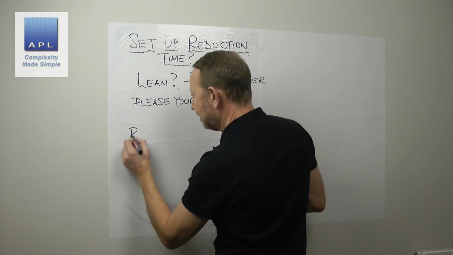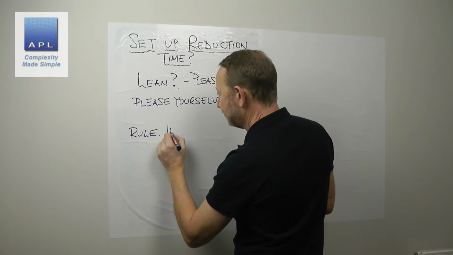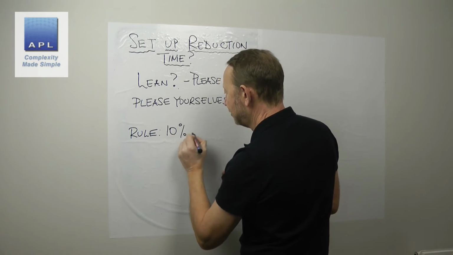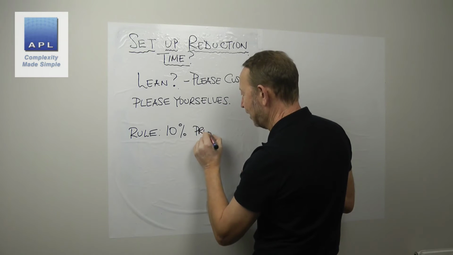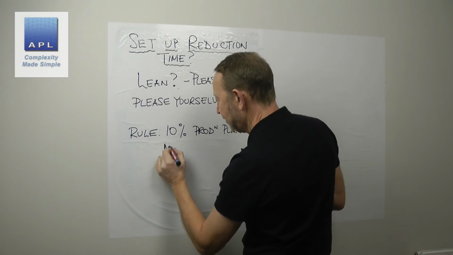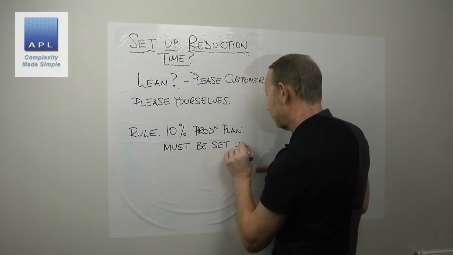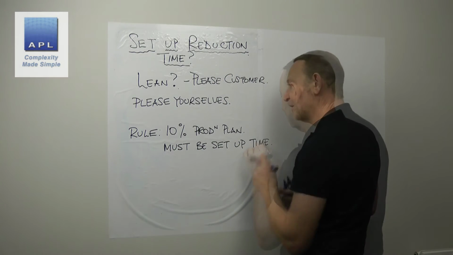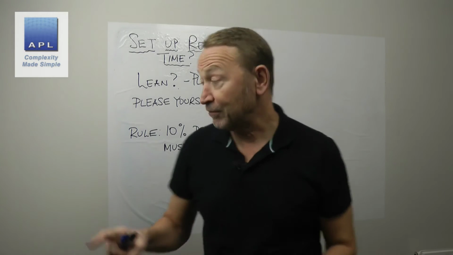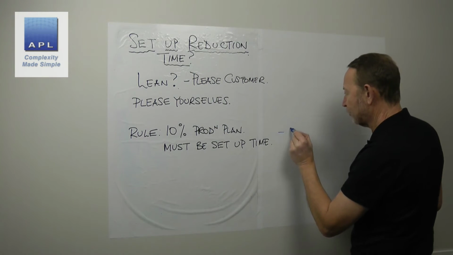You see, they have a rule, which is that 10% of the production plan must be setup time. Now, this is a great example of a principle of lean, which is, what have they got?